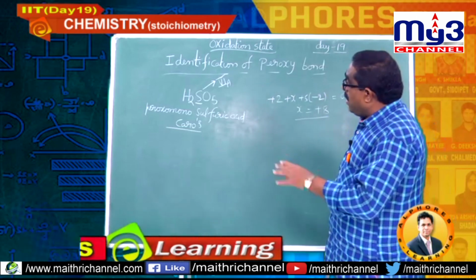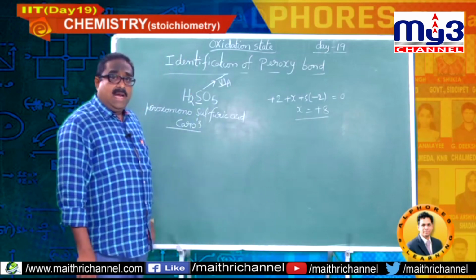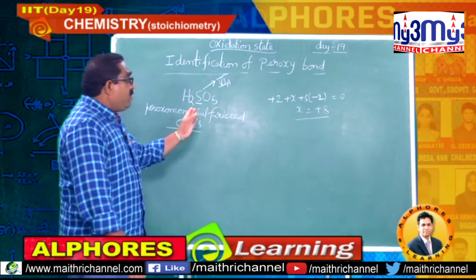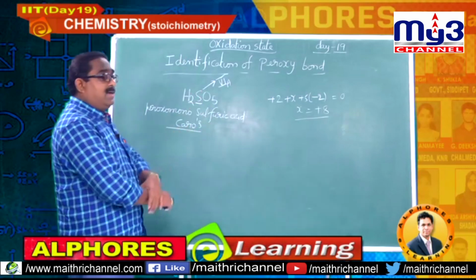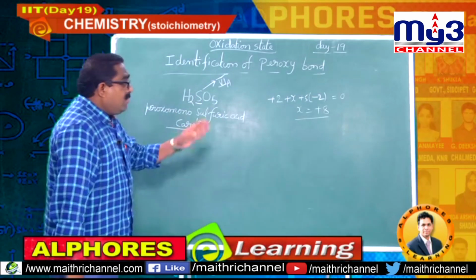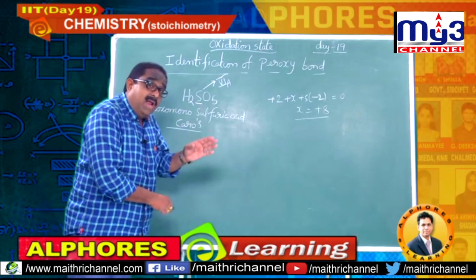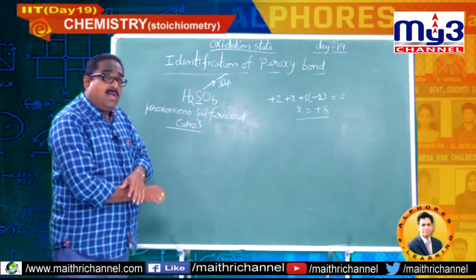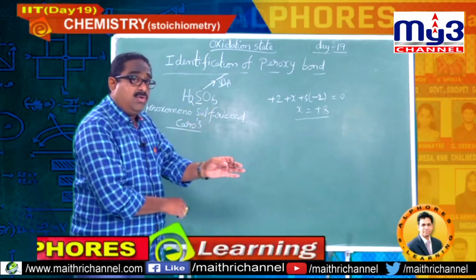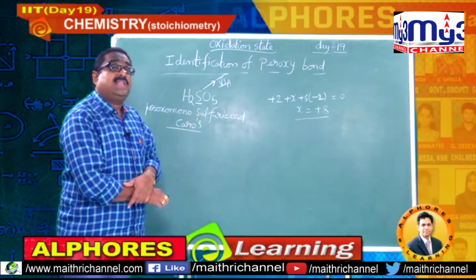This is how to identify the presence of a peroxy bond in a given compound. If you go for normal calculation for the oxidation state of an element, and you get an oxidation state more than its group number, then you can conclude that the compound may contain a peroxy bond.